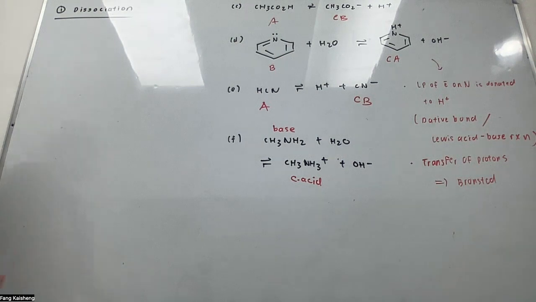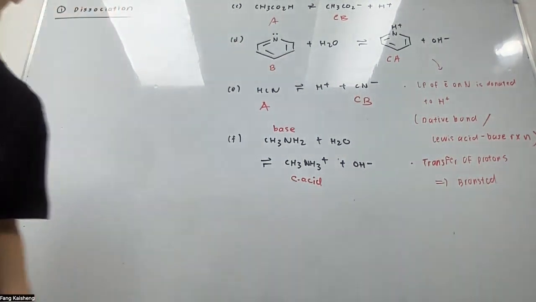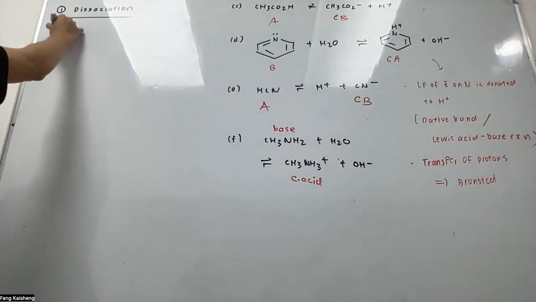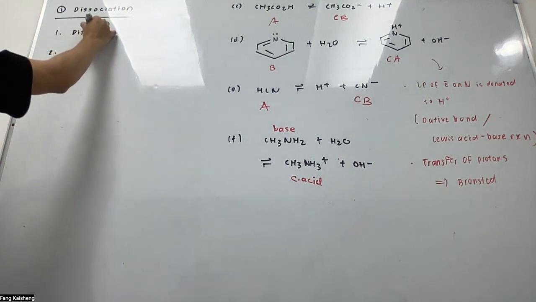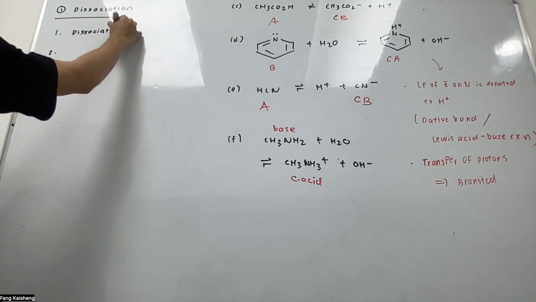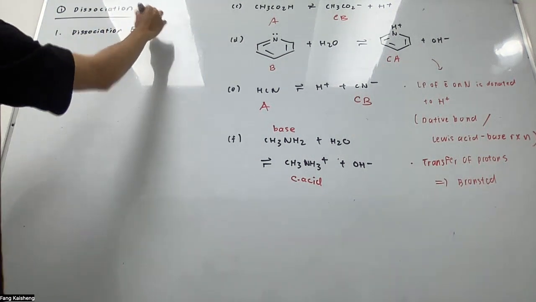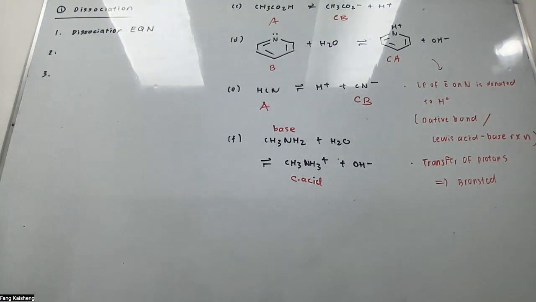Now look at the first question here, page 18. There are three steps to a dissociation question. The very first step for every calculation in this topic is to write down an equation. If you don't write a chemical equation, we can't really do anything. Here it is dissociation, so a dissociation equation.